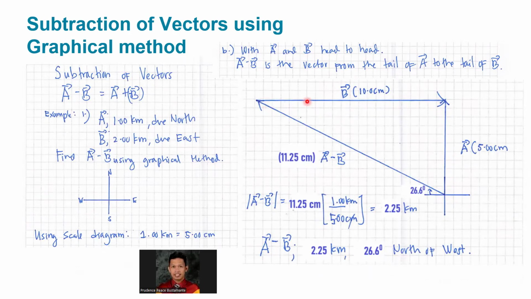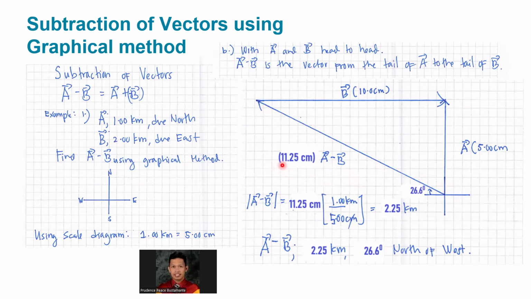A and B must be head to head, so you draw the second vector in this direction, making sure the head of vector B is on the head of vector A. Then from the tail of A to the tail of B, that is A minus B.